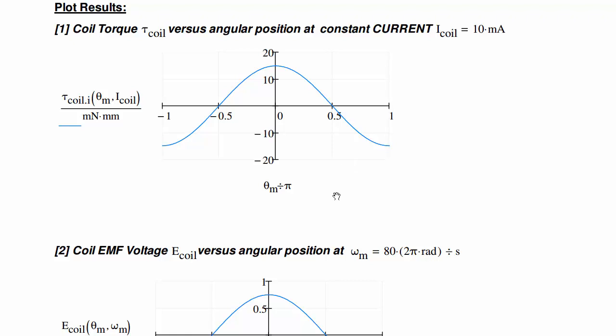In our case, we don't have commutation. We don't have any commutator, right? So it's incumbent on the drive circuit to shut off the current to the coil once you get out here to 90 degrees or minus 90 degrees. And the best you can do is not energize the coil during the outer 180 degrees.